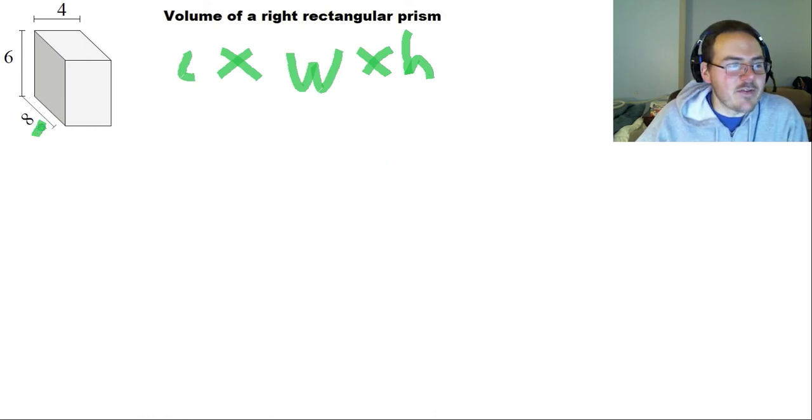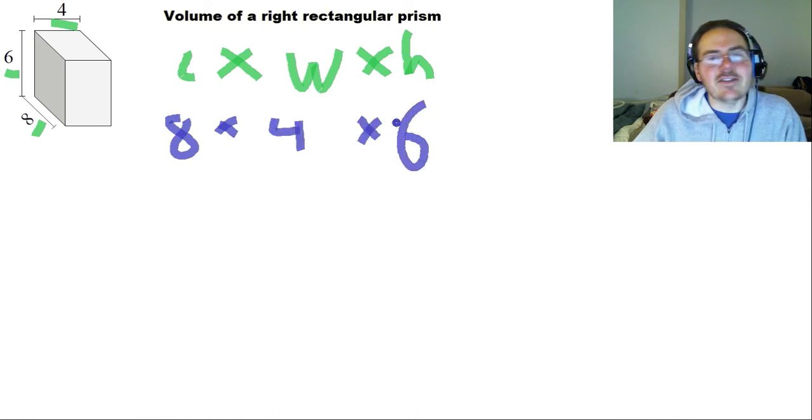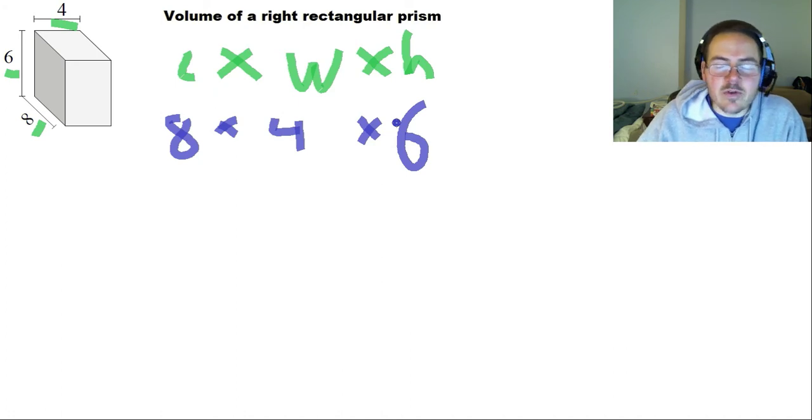And they've already given you 3 numbers on this problem. So all we have to do is multiply the length, which is 8, times the width, which is 4, times the height, which is 6. And just for the record, it doesn't really matter which one you call the length, the width, or the height, as long as you're getting all 3 of the dimensions. The commutative property says if we rearrange these, we're still going to get the same answer.